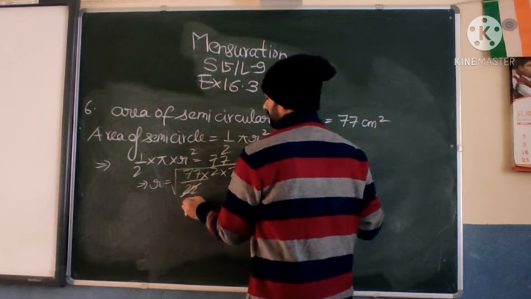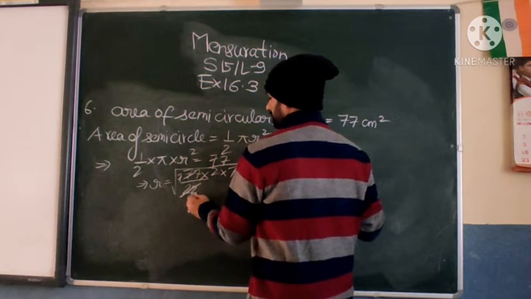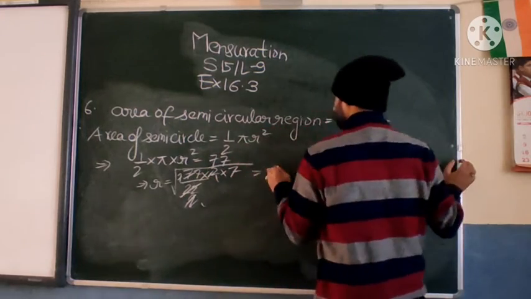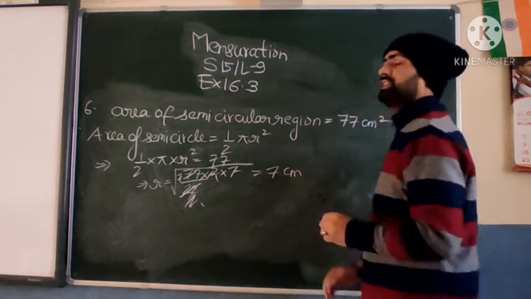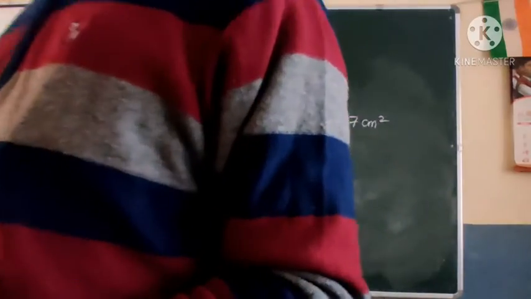So 11 twos are 22, 7 twos are 14, and r square is 49, which means r is 7 centimeter. So here we have got the radius as 7 centimeter.